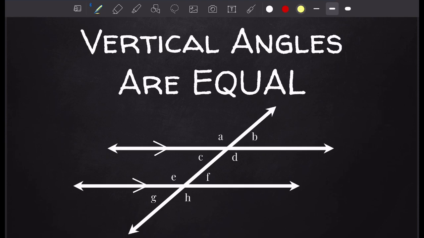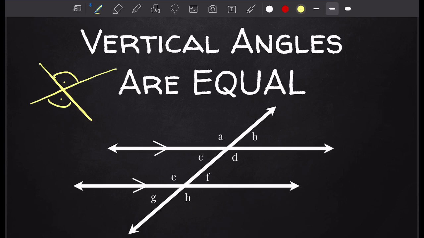First up, let's talk about vertical angles. Now, vertical angles are equal. That means their measurements are equal. Think of X-Men, okay? Vertical angles are directly opposite each other, okay?